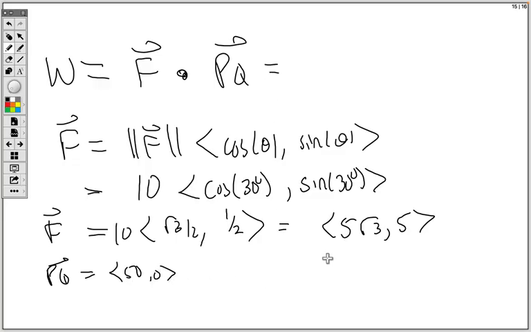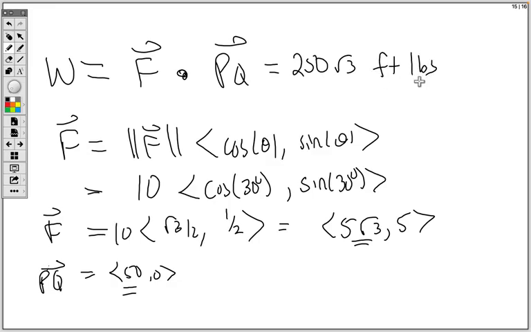With this formulation, I just have to multiply the x coordinates together. So 50 times 5 root 3, that's 250 root 3. 0 times 5 is 0, so it'd be 250 root 3 foot-pounds of work.